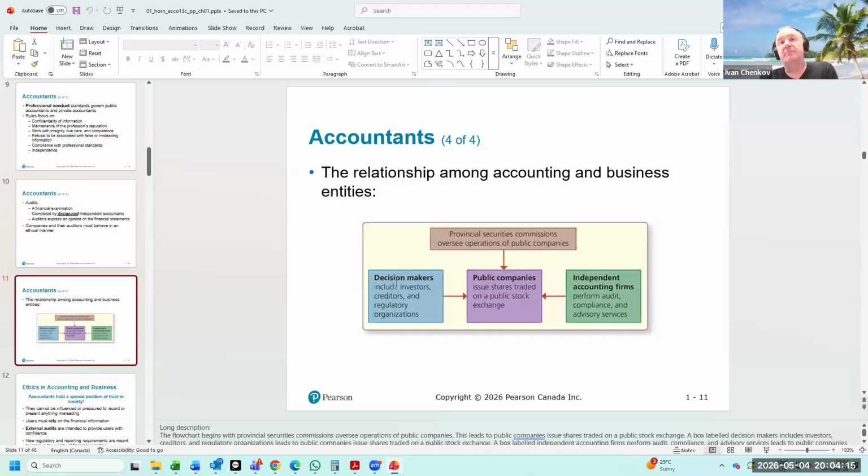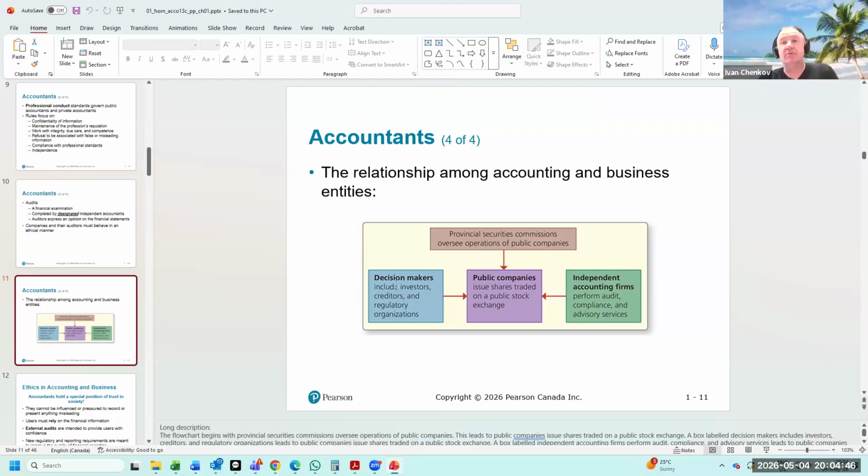Now, the relationship between the accountant and the business entity is that we as accountants use the entire information system to present reports which we give to decision makers, who, let's pretend, are external users. They're going to make decisions about their profit: how can I profit from this company when I'm seeing these financial statements?